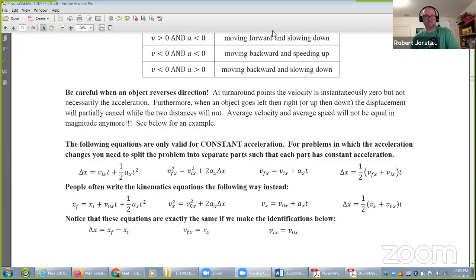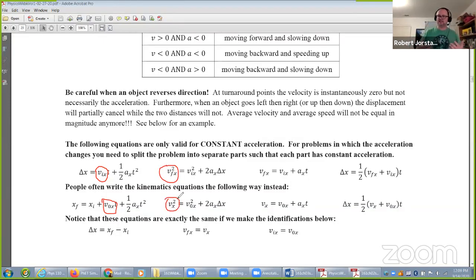Some different notations here; these are the different ways you'll see it in different books. I want to point this out. V initial x, sometimes people use V0x for velocity at time 0. Notice this other one, V final x. V final x is sometimes just written as Vx, because that is the object's velocity in the x direction at some random time t.